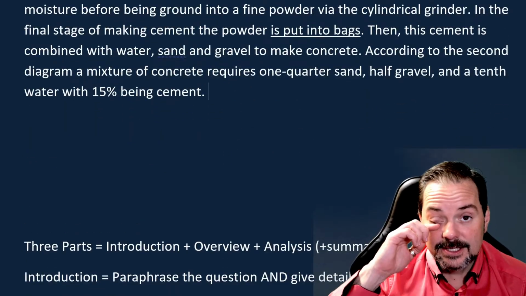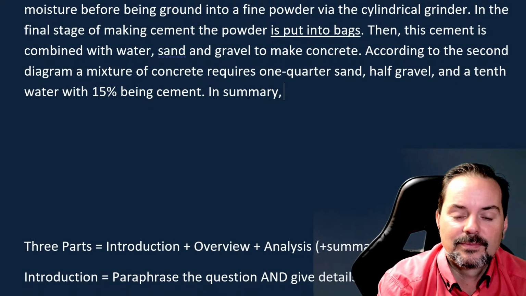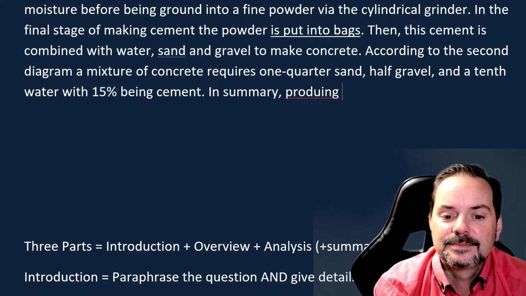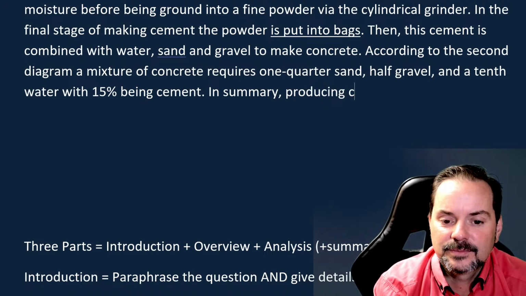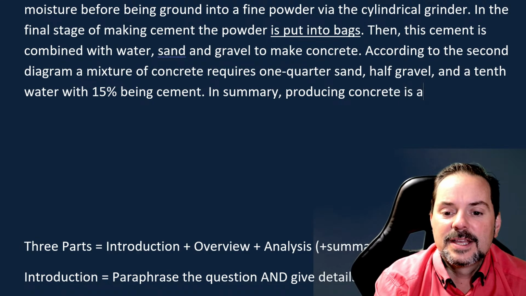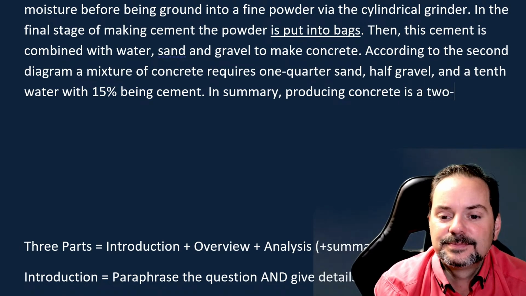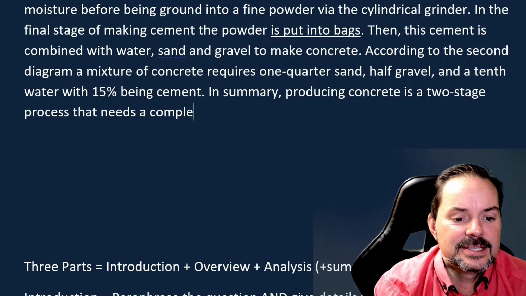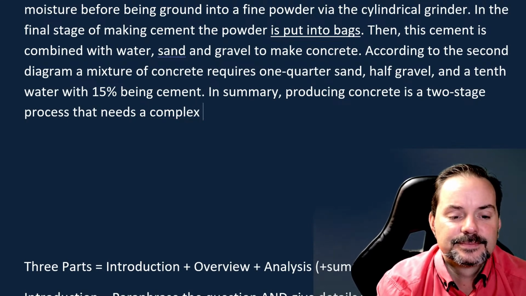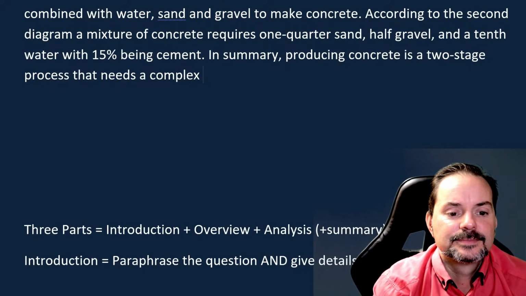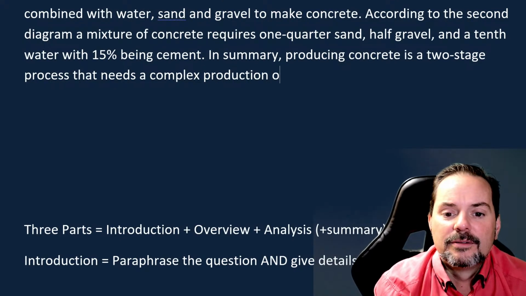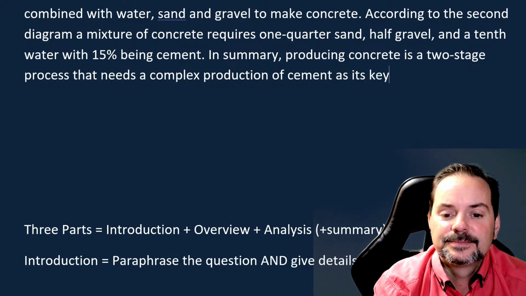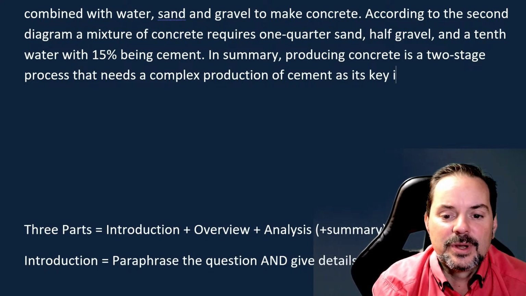Okay, in summary, producing concrete is a two-stage process that needs a complex production of cement as its key ingredient.